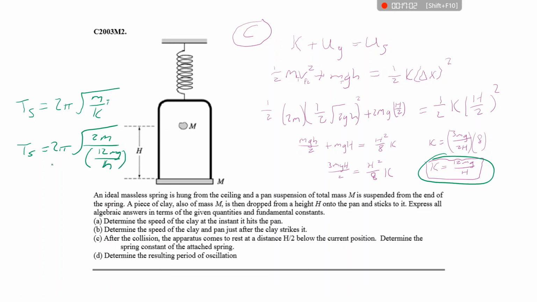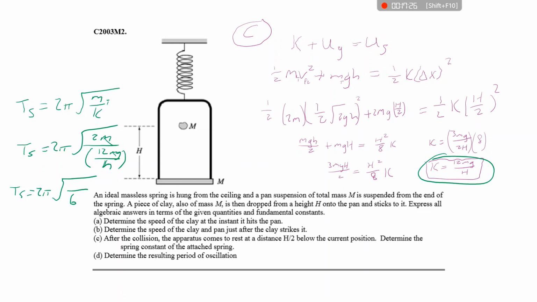Then we just need to simplify. 12 over 6, and then the m cancels out.